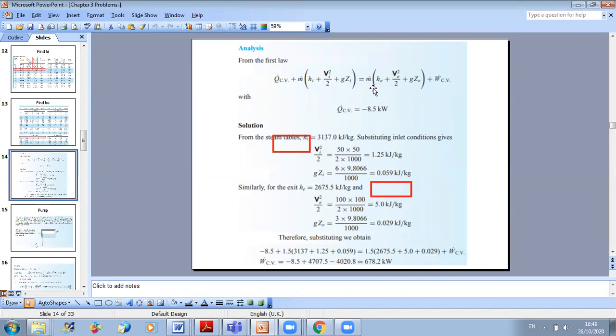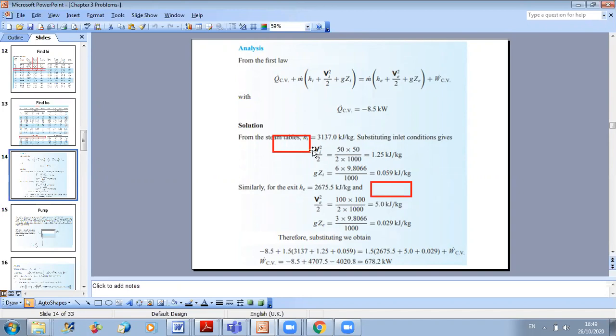So it's m dot times the energy. This term represents the energy of the outlet, which is equal to the enthalpy at outlet plus the kinetic energy, calculated through m dot times V squared over 2, plus the potential energy through m dot times g Z2, plus the work done by the turbine.